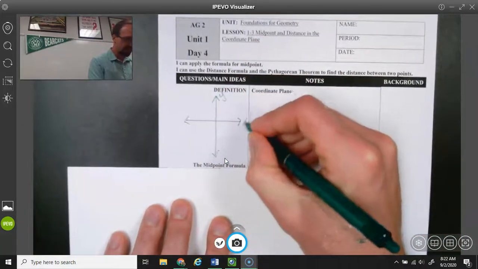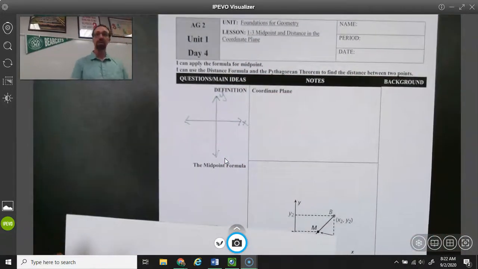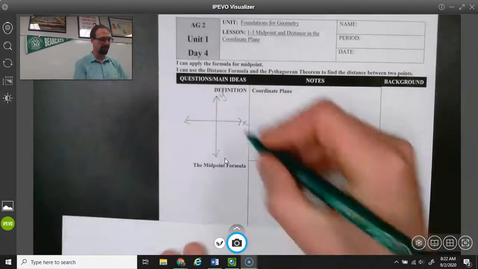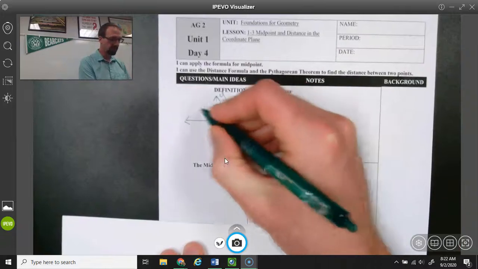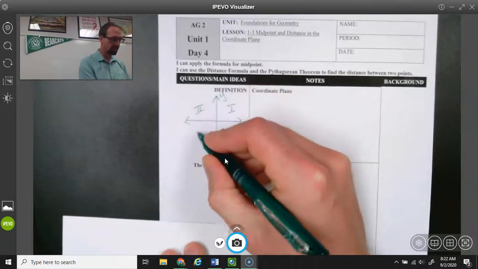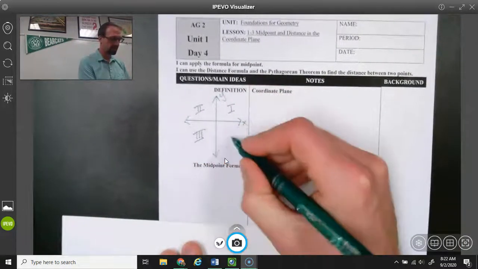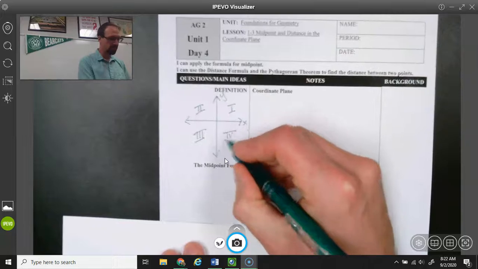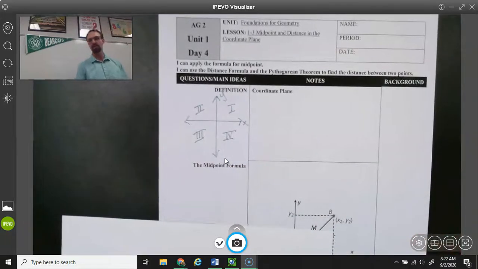Now this divides the coordinate plane up into 4 what we call quadrants. So we have quadrant 1, 2, 3, and 4. So this is quadrant 1, this is quadrant 2, this is quadrant 3, and then this is quadrant 4. Most of what you see in real life involves quadrant 1 because it has positive x and positive y values.